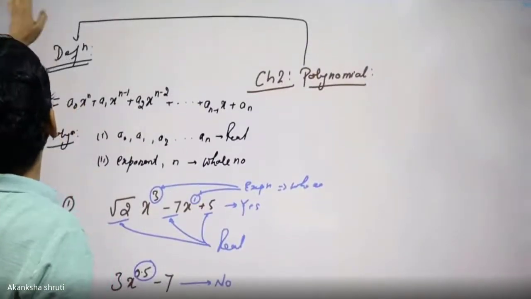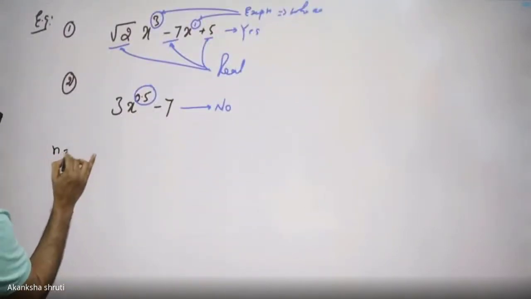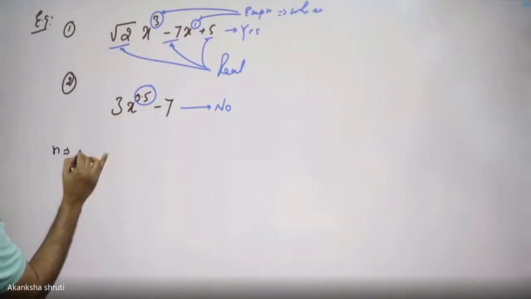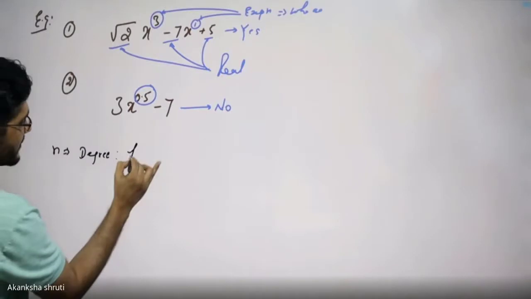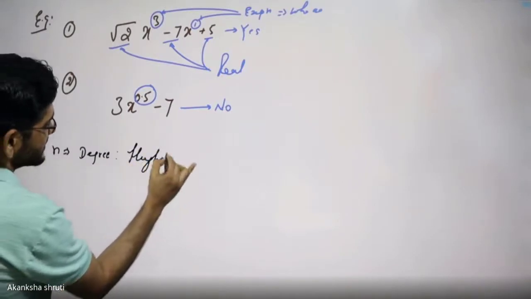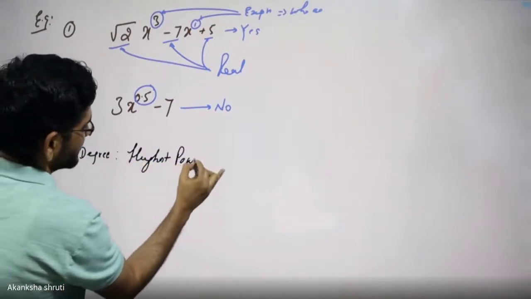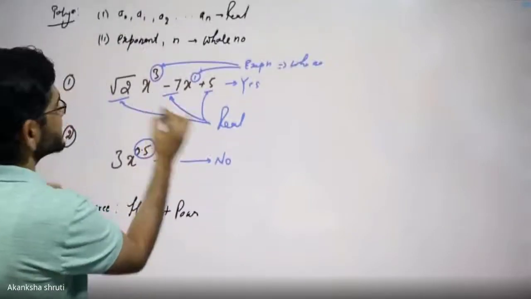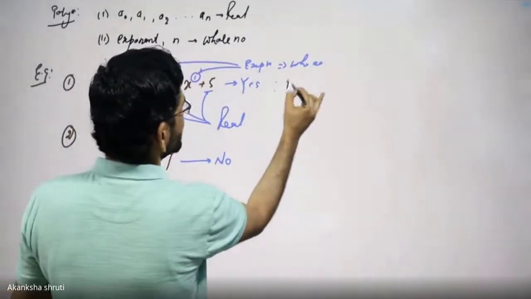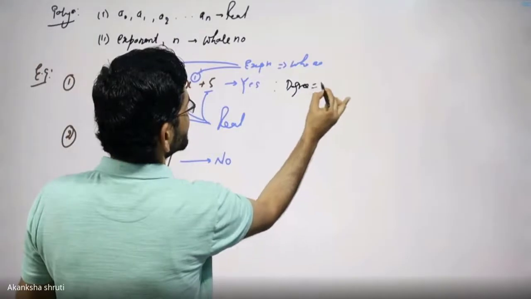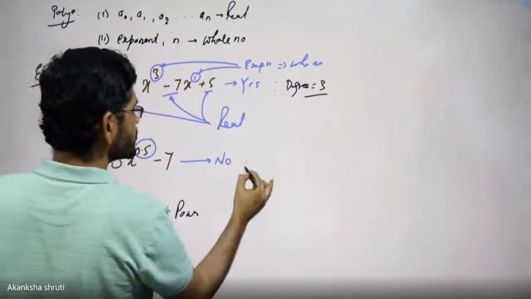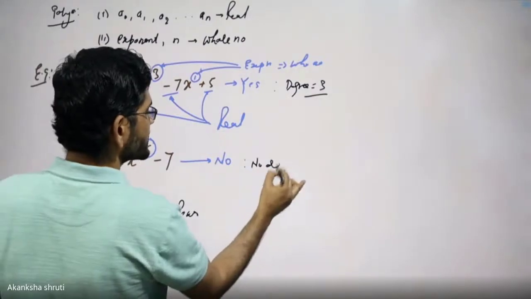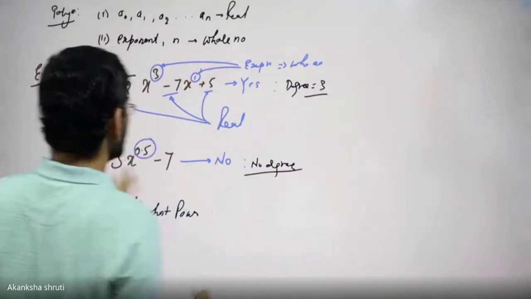Based on this, the highest power n is called the degree. The degree for the first case is 3. This second one is not a polynomial, so there is no question of degree. Okay students, so here there is no degree for a non-polynomial.